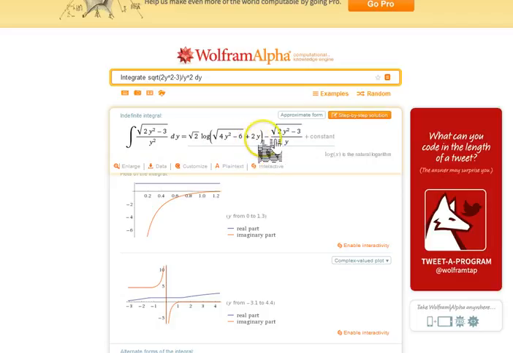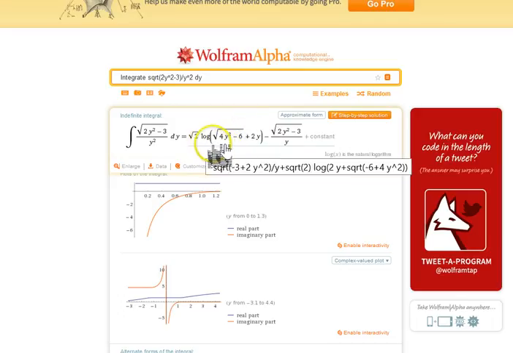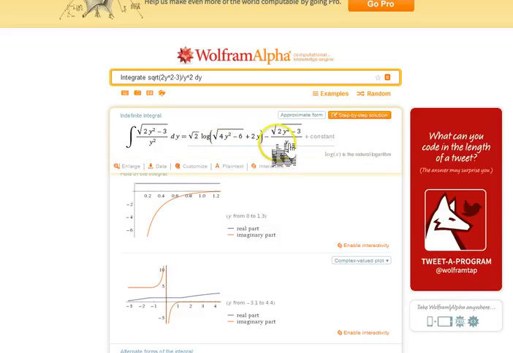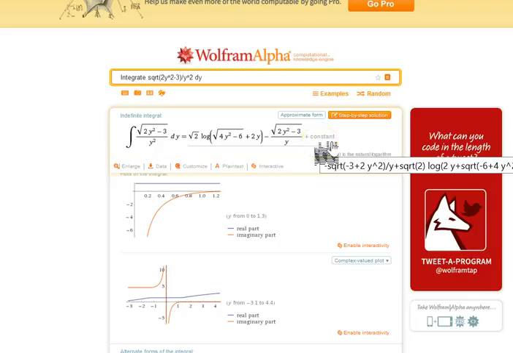We had radical 2 times y, and this number was a 2 and a 3. But that's okay because inside a log, throwing in an extra factor of a constant is the same as adding a different constant on the outside. So they have this plus a constant on the end here. Their constant is just a little bit different than our constant.